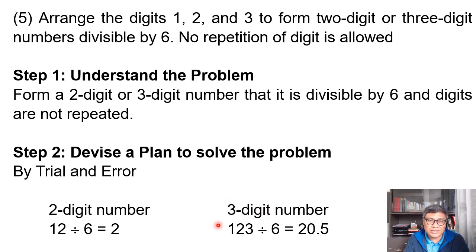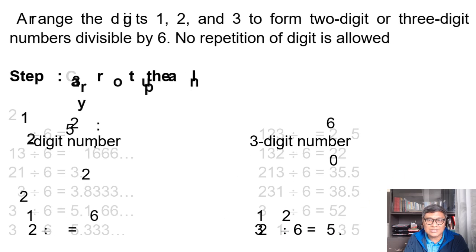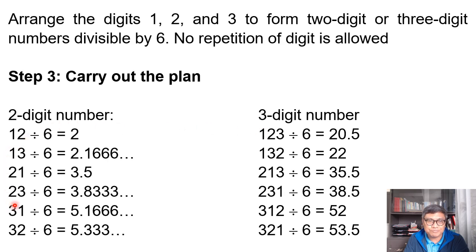By trial and error, I will be using 1 and 2. 12 divided by 6 is 2. The 3-digit number 123 divided by 6 is 20.5. Then, if I'm going to exhaust all of these possibilities, class, these are the 6 different ways of using 2-digit numbers out of 1, 2, 3.